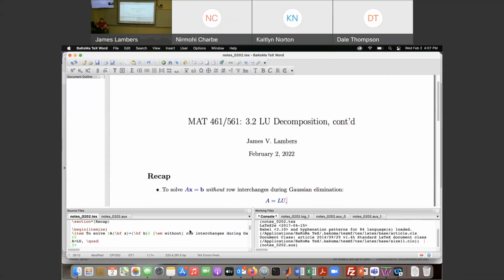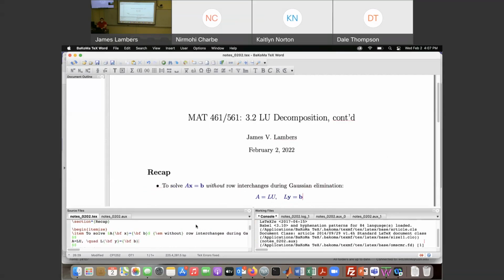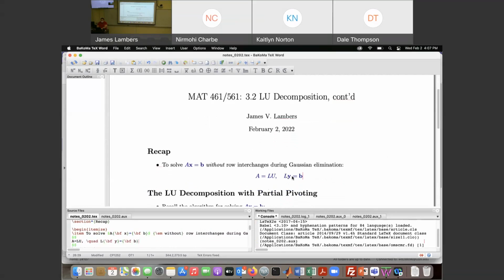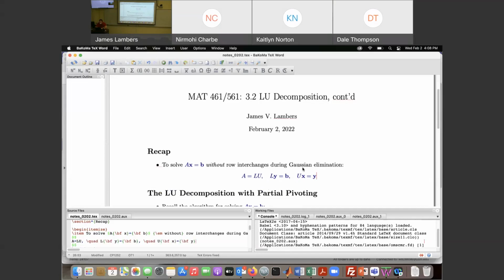That's what Gauss elimination produces. And then you solve Ly = b, where L is a unit lower triangular matrix, so you can solve the system by forward substitution very quickly. And then you solve Ux = y by back substitution, since U is upper triangular.